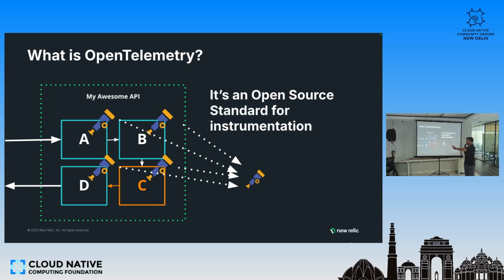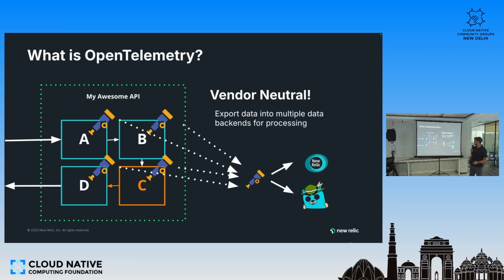Any of your sources, may it be infrastructure, your SDK, your Java, your .NET, or your microservices, all of these applications and infrastructure can be instrumented, and they can be sent using the OTLP standard endpoint, which is the OpenTelemetry format. And the best part, why OpenTelemetry is growing so much, is it's vendor neutral. Today, you instrument your application. The most basic example I can give is you instrument your Java application, and you don't like one particular UI.